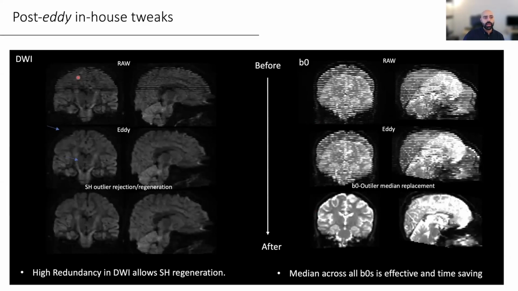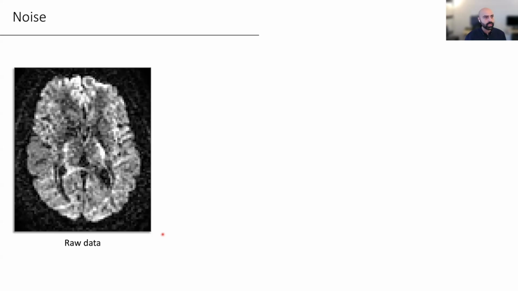And sometimes you also have remaining artifacts that just couldn't be corrected for, even in the diffusion volumes themselves. So we have some in-house tweaks, and Flavio has written all of these himself. I think you can ask him these questions in the workshop. But there are some in-house tweaks that allow you to do additional pre-processing steps, just to deal with these remaining artifacts in a meaningful way.